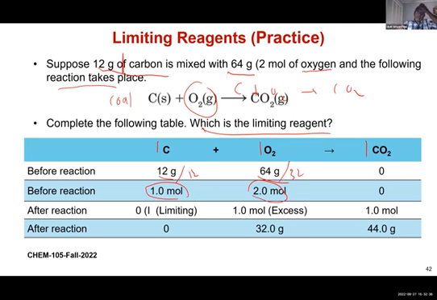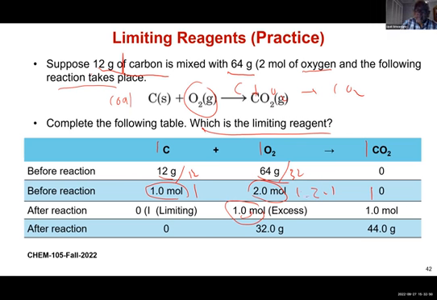In this case, one of these goes to one of these. Therefore, 2 minus 1, you have 1 left over.